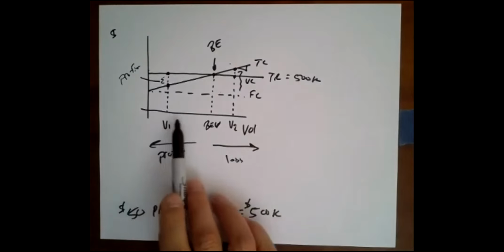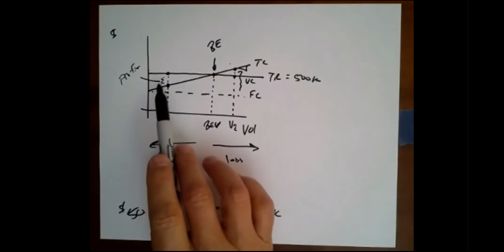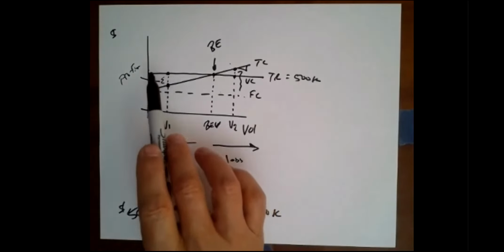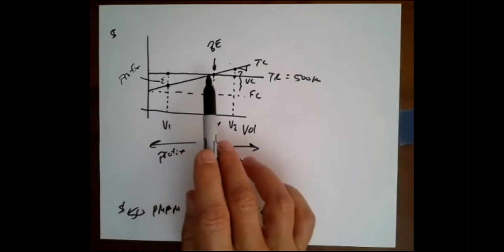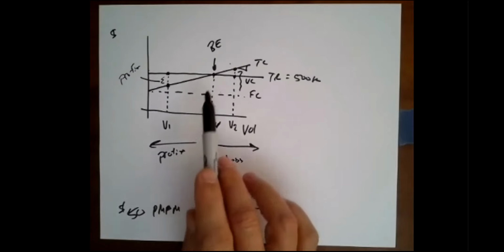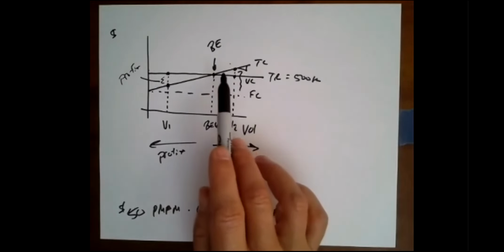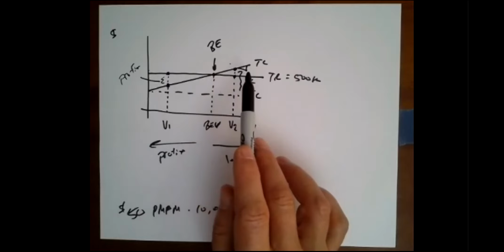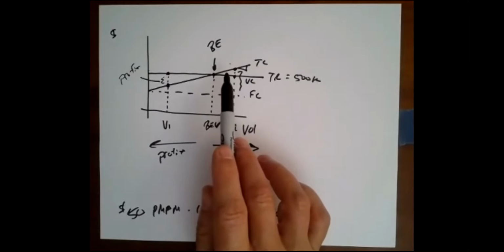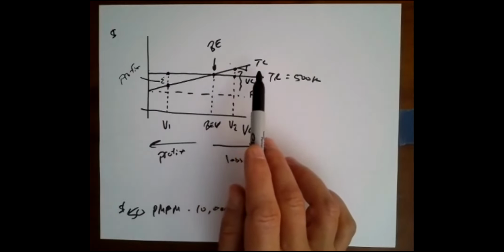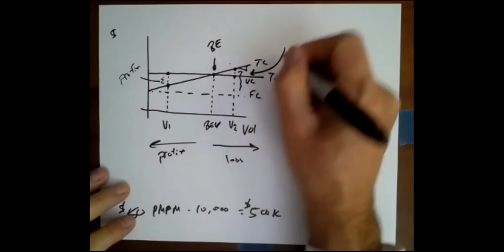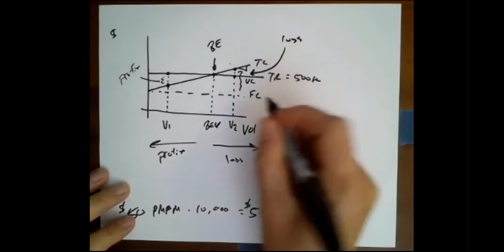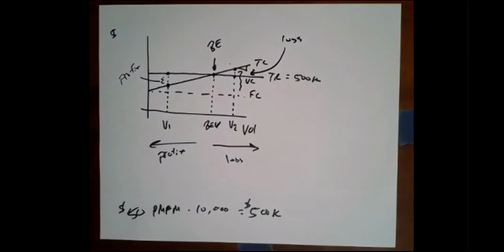So as providers do more and more visits, their profit, that gap between total revenue and total cost, gets smaller and smaller. And to the right of break-even, every visit they do past break-even generates a greater and greater loss. So this here is a loss where total cost exceeds total revenue.